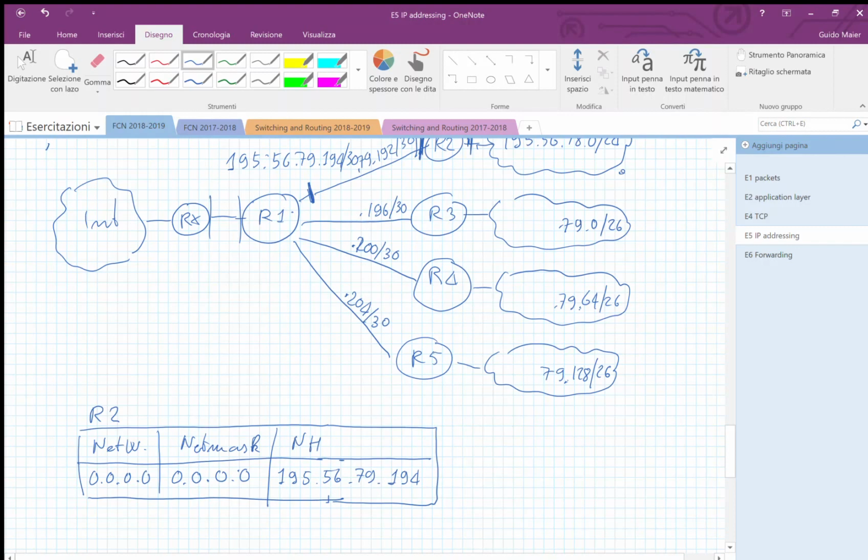No, because this is the address that will be written on IP packets that are going towards router 1.